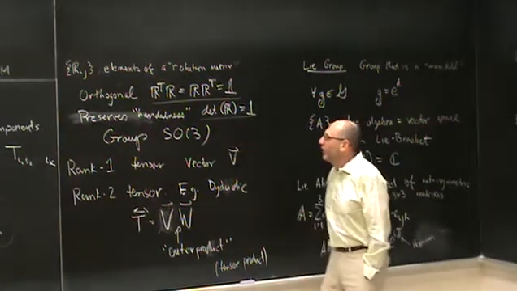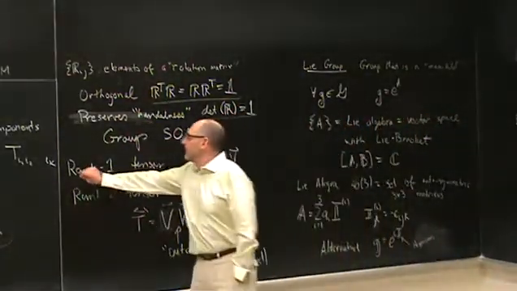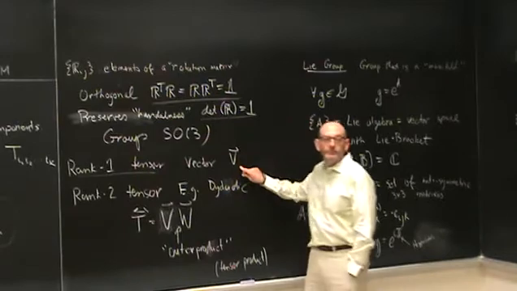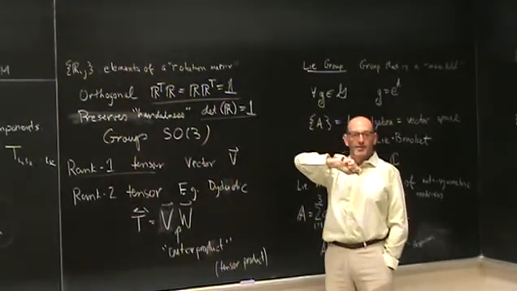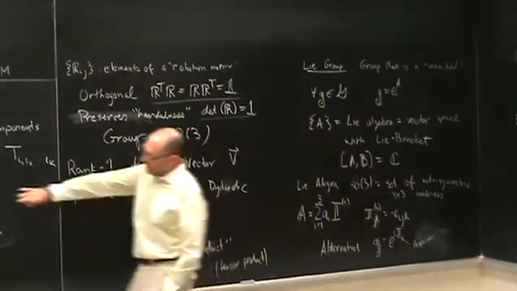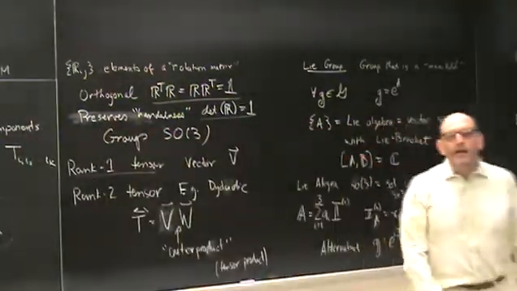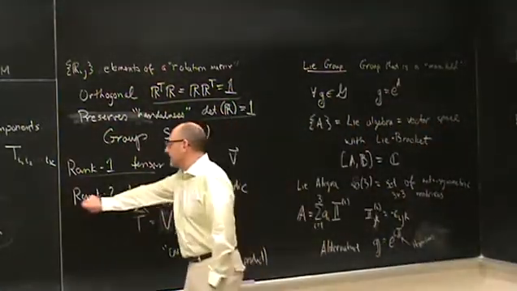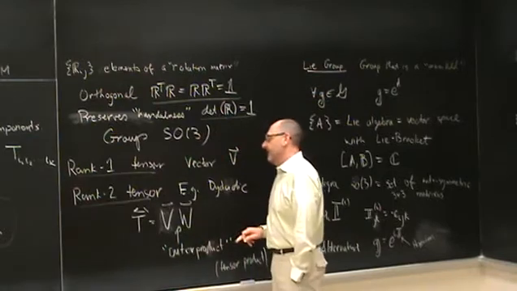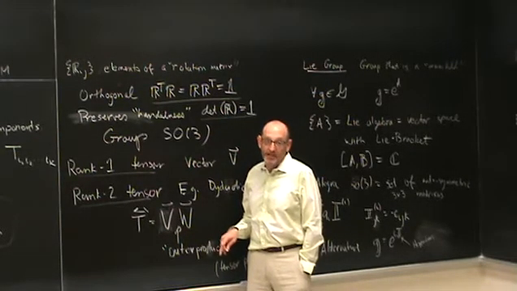Okay? So examples of tensors, a rank 1 tensor is a vector. So a vector is a geometric object whose components rotate with respect to one rotation matrix. Okay? An example of a rank 2 tensor is a dyadic. Now, not every rank 2 tensor is of this form. Okay?